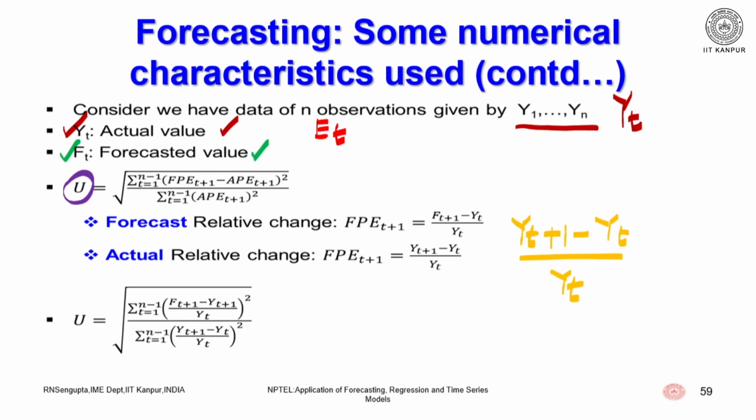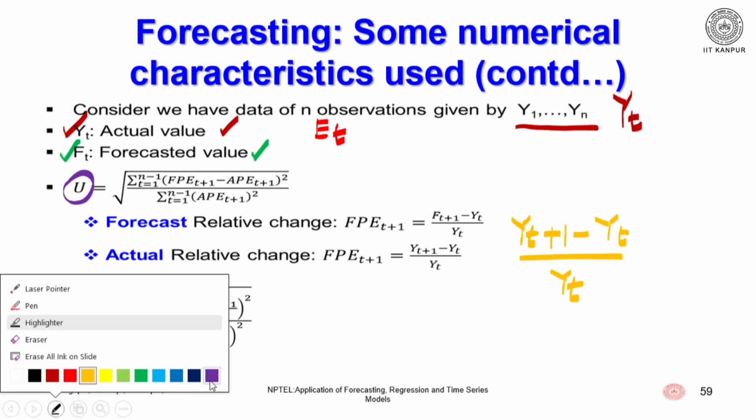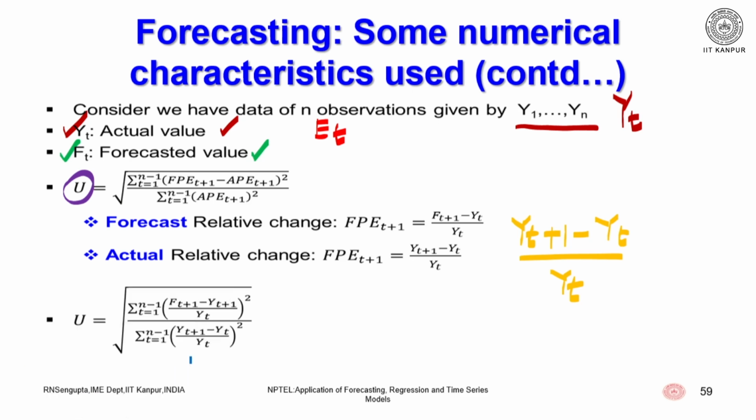While if I go to the forecasted relative change, which I will highlight using the dark blue color, it gives you the ratio of, in the numerator, the difference between the forecasted value for 1 day later minus the actual value of today, divided by the actual value of today.